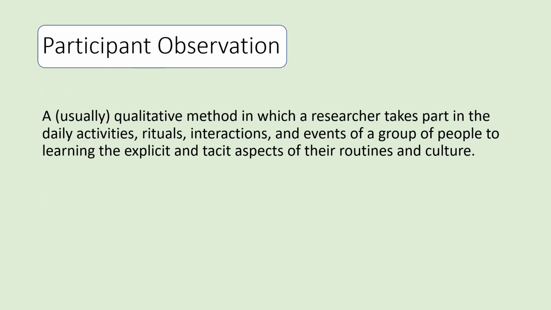To provide you a good working definition of participant observation, again, as a reminder, many anthropologists can't agree on anything really, but this is the one we're going to be using in this class. You can think of PO as a usually qualitative method in which a researcher takes part in the daily activities, rituals, interactions, and events of a group of people to learn the explicit and tacit aspects of their routines and culture.